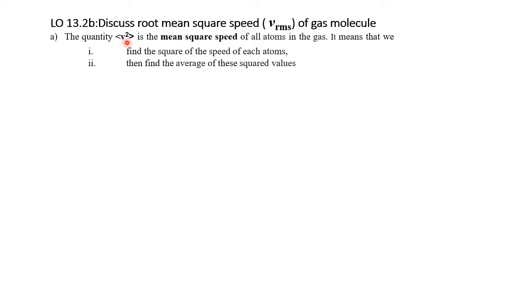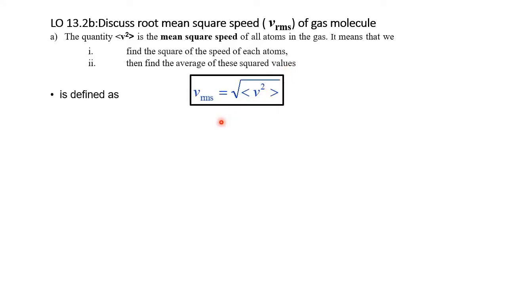The quantity mean square is the mean square speed of all atoms in the gas. It means that we first find the square of the speed of each atom and then find the average of these squared values. So v_rms is defined as square root mean squared.